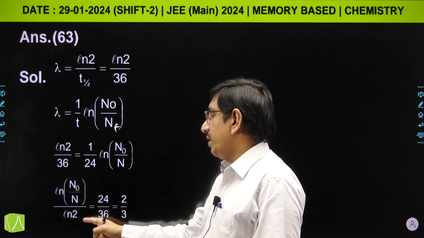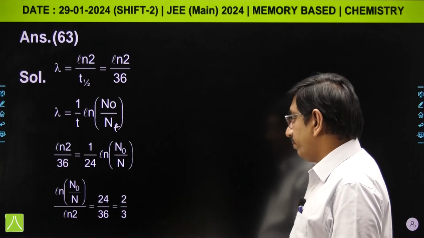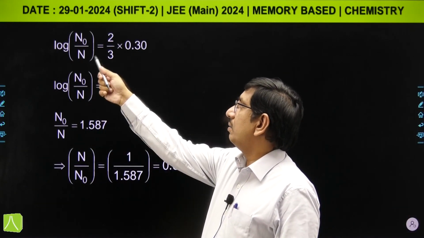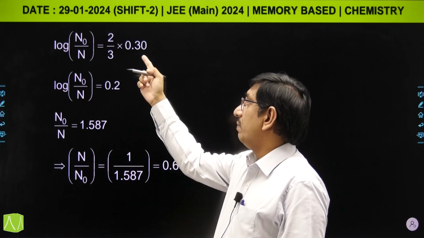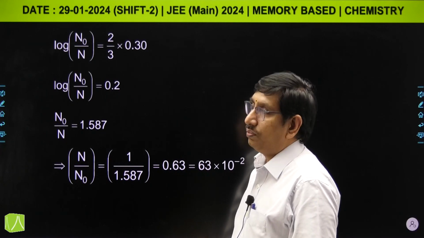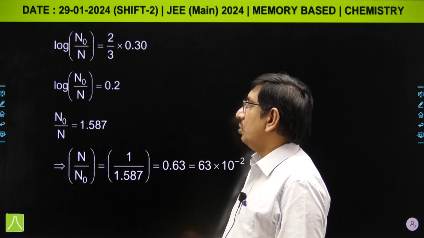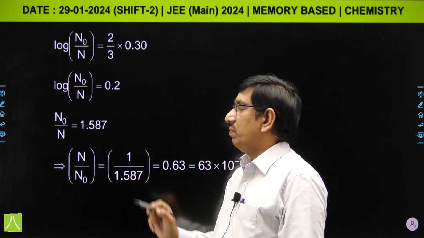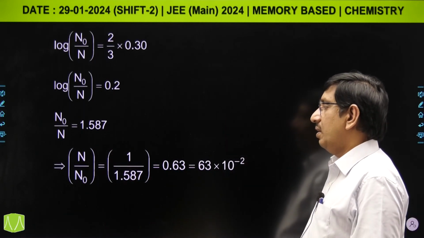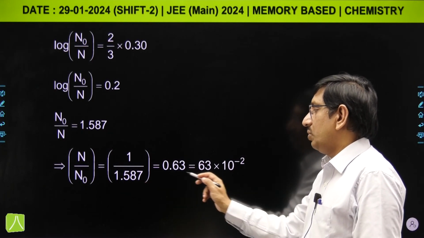Now, ln N naught by N upon ln2 equal to 24 by 36, that equal to 2 by 3, and if you convert this into log terms, log N naught by N equal to 2 by 3 into 0.30, that is 0.2, and N naught by N equal to 1.587, and N by N naught equal to 1 by 1.587, that equal to 0.63.